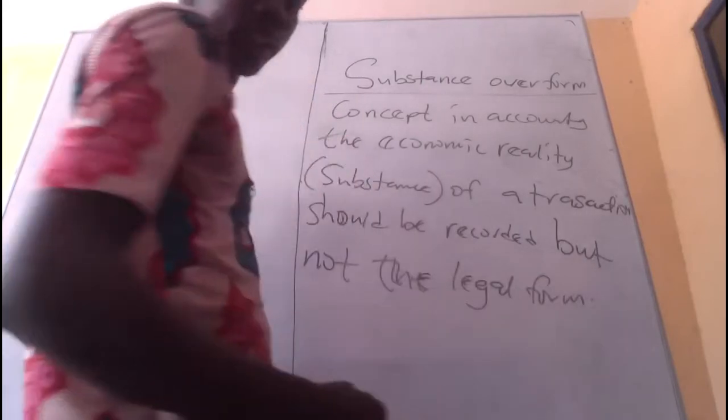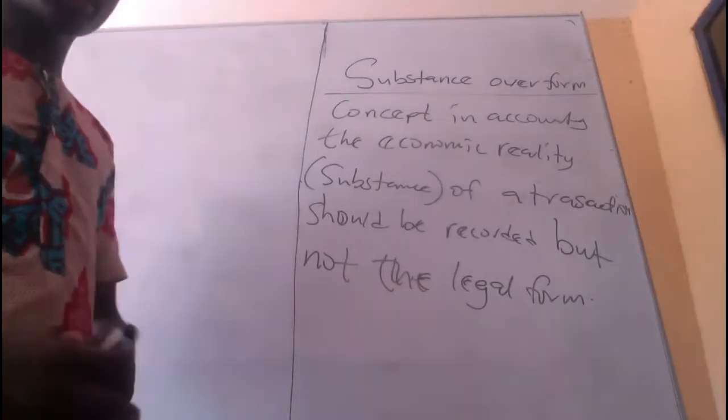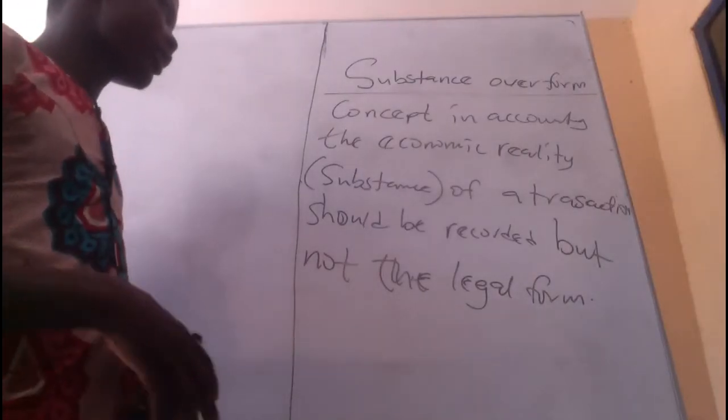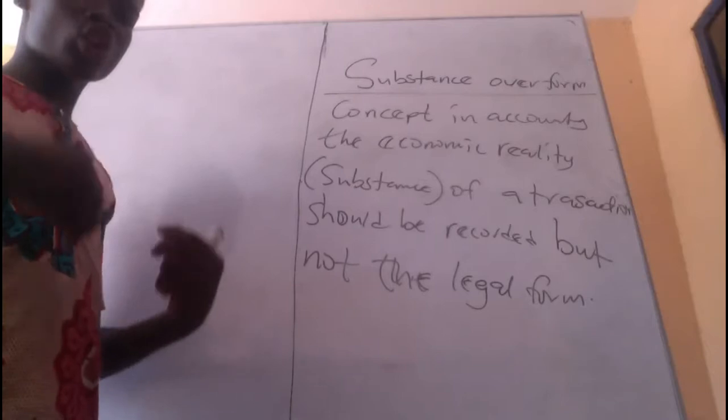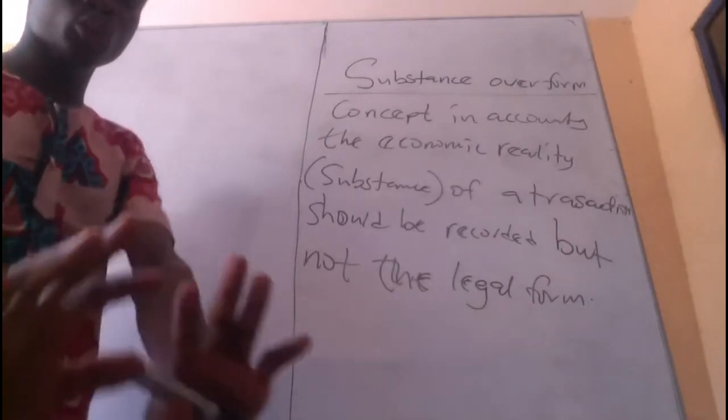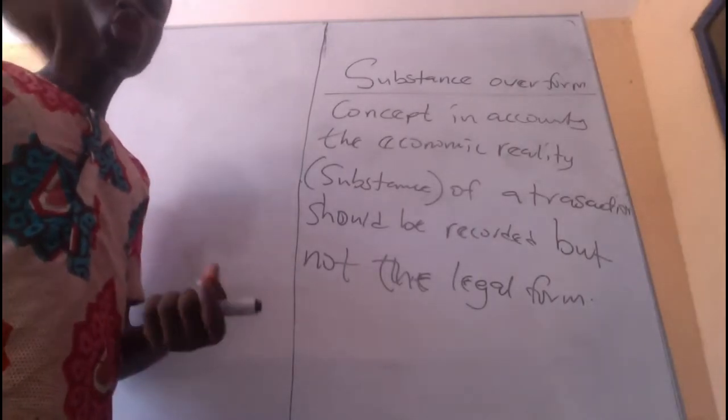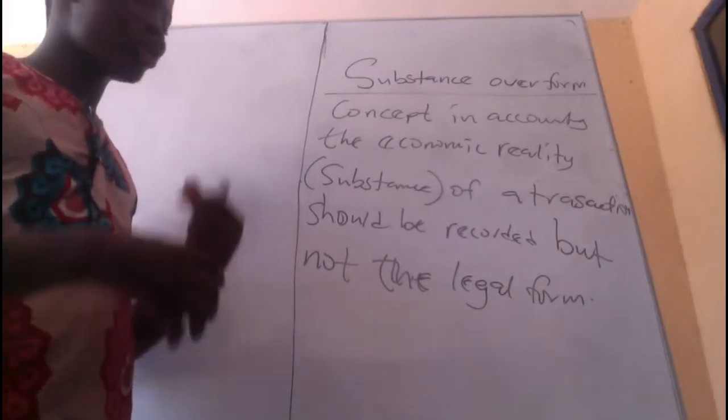So basically, that's what we mean by substance over form, meaning the economic reality of a transaction should be recorded in the books, but not the form in which the transaction took place.